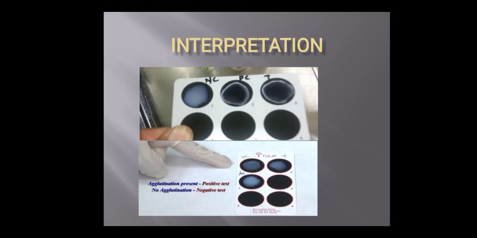Here in the test, since there is an agglutination showing in the test zone, it is considered a positive reaction, which indicates the presence of C-reactive protein at a significant and detectable level. But here in the negative control, since the specimen does not contain human CRP, it does not cause any agglutination.